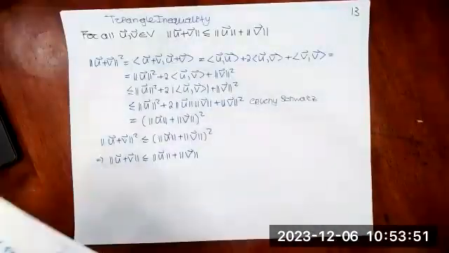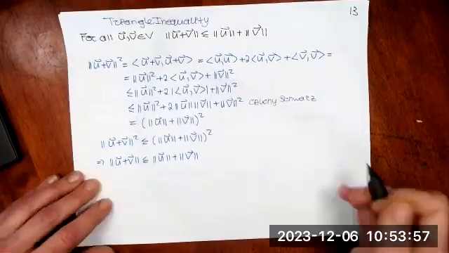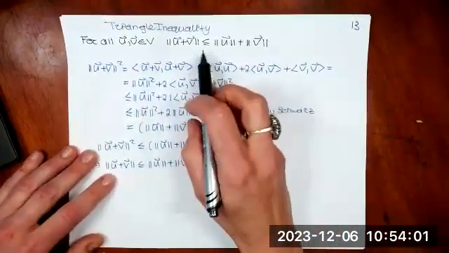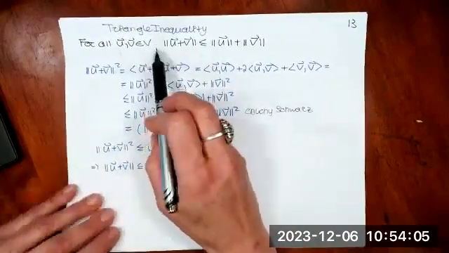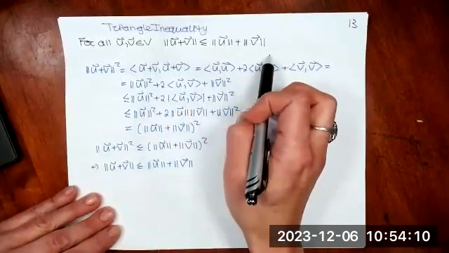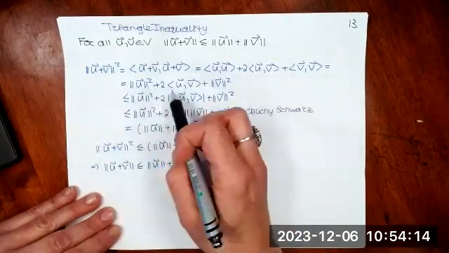From that one, the last one is the triangle inequality, which basically comes from the Cauchy-Schwarz inequality, right? The triangle inequality tells you that for any two vectors in the vector space V, the norm of the sum is less than or equal to the sum of the norms. And you can show it pretty easily.